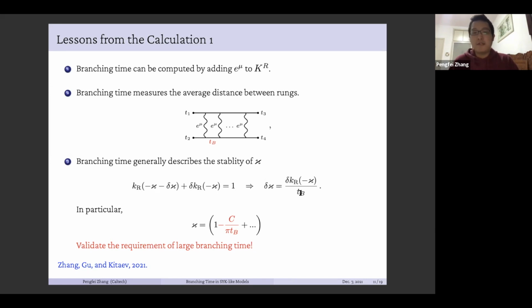Such a calculation also validates our requirement of having a large branching time if we want to have an interesting holographic system. In the previous discussion, we used the explicit formula for the SYK model. However, in this discussion we just assume the ladder diagram structure. So this formula is much more general.